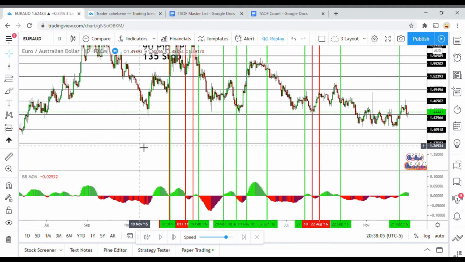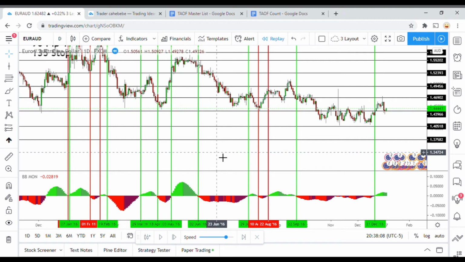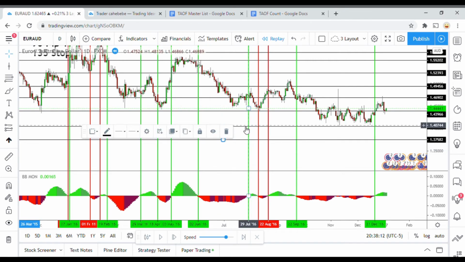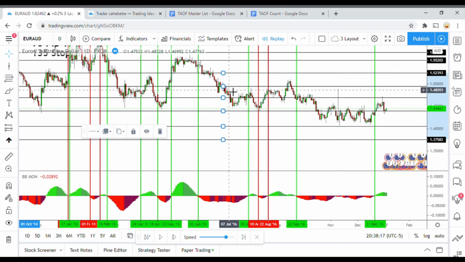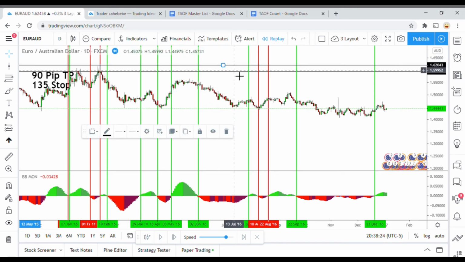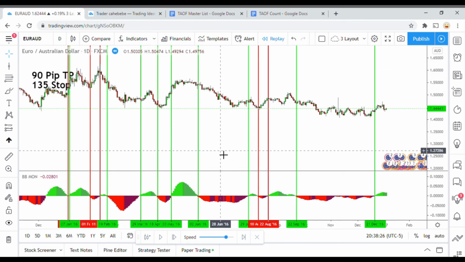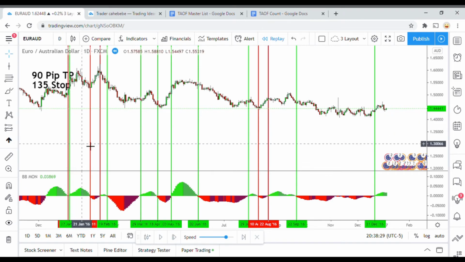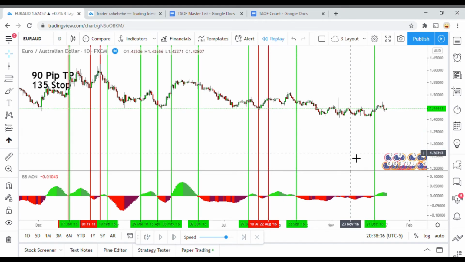All right. And there we have it. We are at the end of the year. So let's go ahead and erase the support and resistance lines. Just clean things up a little bit. There we go. Let's go ahead and count these out. So we got 1, 2, 3, 4, 5, 6, 7, 8, 9, 10, 11, 12, 13, and 14.